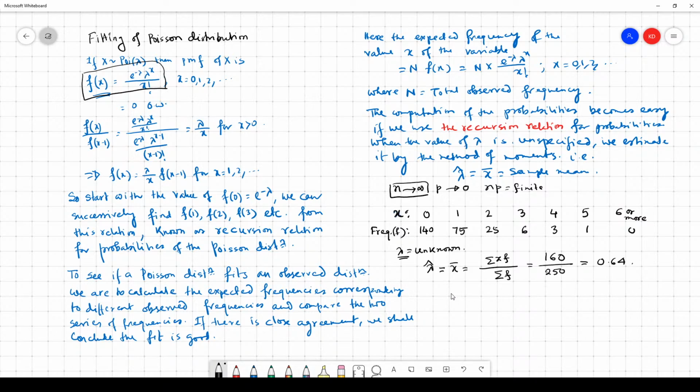So now, if x is equal to... so this is the fitted distribution.